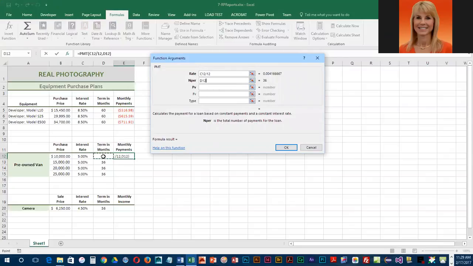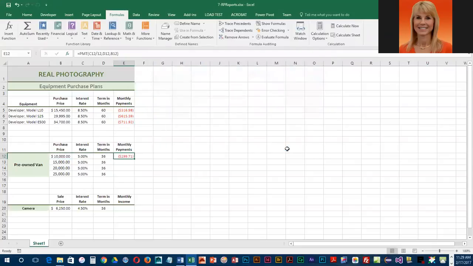This is in months, so it's good. We're just going to click on it. And then we're going to click on the present value, which is the purchase price. And we will go ahead and click on that. And we will select OK. And then we're going to use our fill handle to drag down. And that basically is just telling us the different monthly payments for various purchase prices.